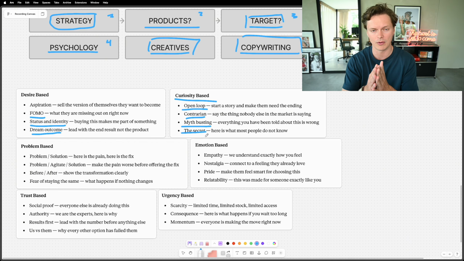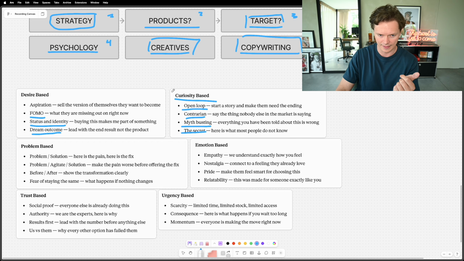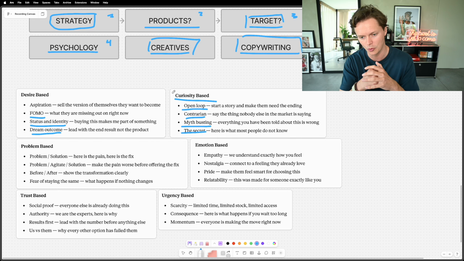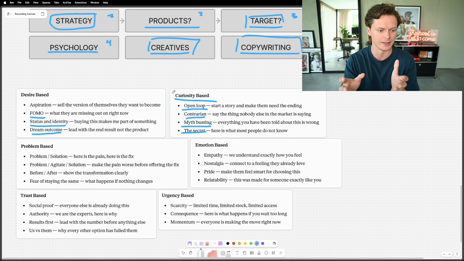This works in a bunch of different ways. You can lead with a secret formula, for example, that has now been exposed and finally commercialized. Or a secret discount. A secret discount is also a form of curiosity-based psychology, right? Enter your email address and you will receive 10% off in a secret room, right?